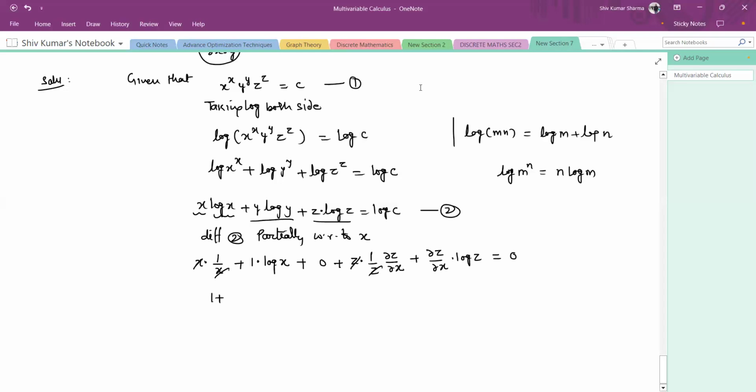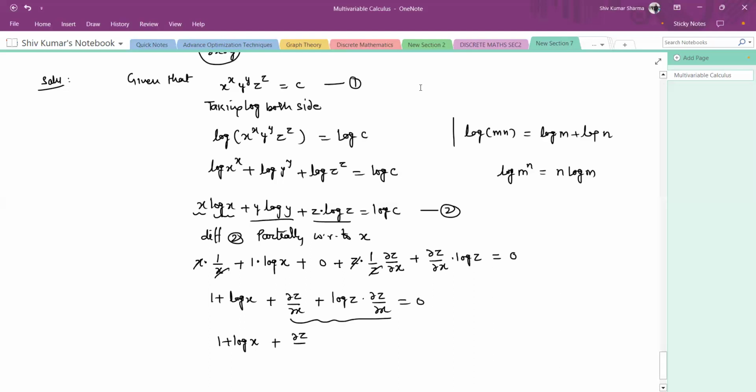So we write down this as 1 plus log x plus del z upon del x, or here we can write down log z into del z upon del x equal to 0. So this we can write down as 1 plus log x plus, and here we can take common del z upon del x.